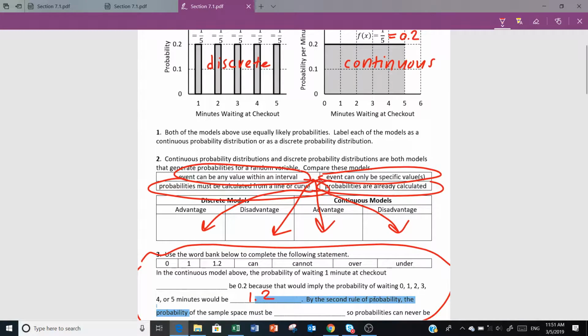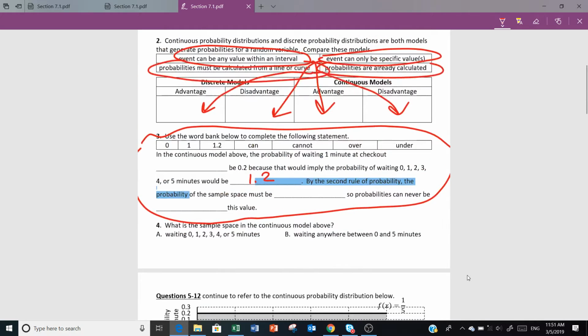No, because by the second rule of probability, the probability of the sample space must be 1. The probability of everything happening in the sample space must be 1, so the probabilities can never be over this value. And 1.2 is over that value, so that's a problem. So that means the probability of waiting 1 minute cannot be 0.2, or we're going to have this problem.